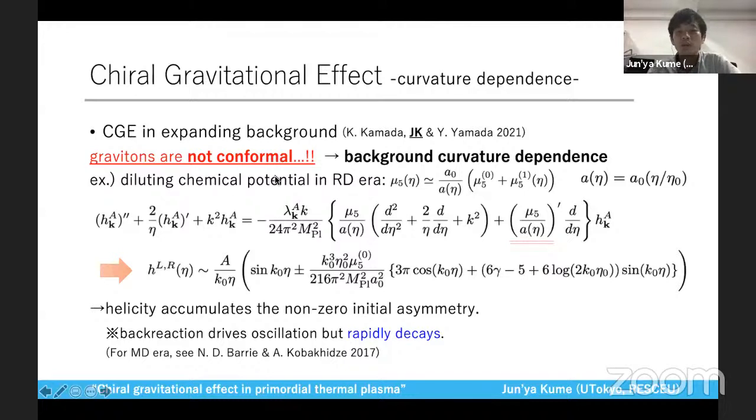But here, gravitons are not conformal, so the scale factor explicitly comes into the equation of motion. So even if some constant chemical potential is diluted by the scale factor, the gravitational birefringence occurs. This is also a specific feature of CGE.